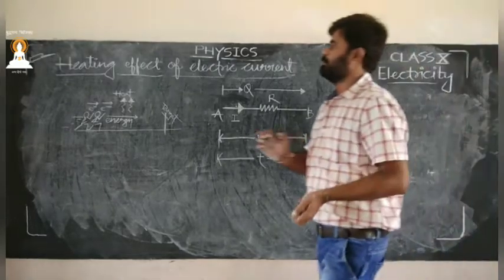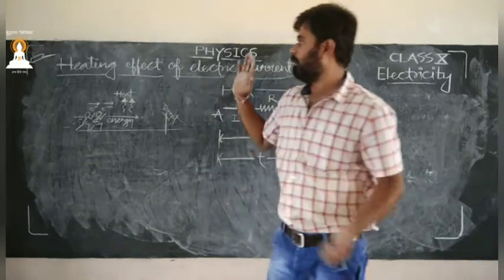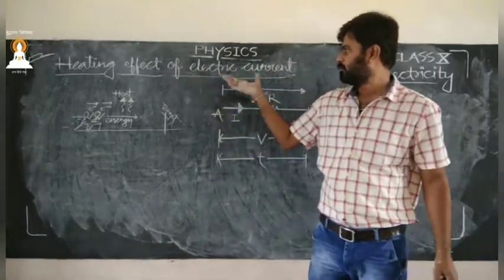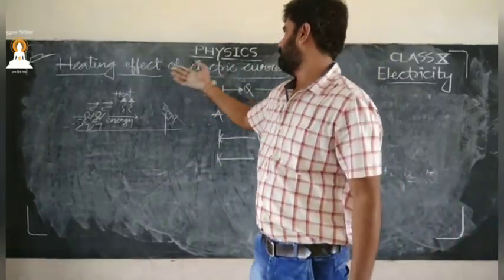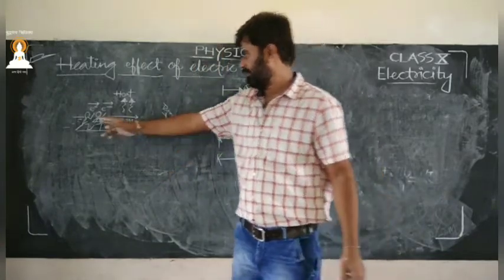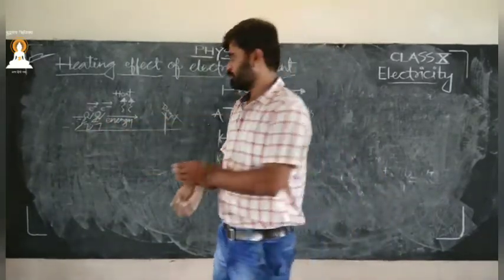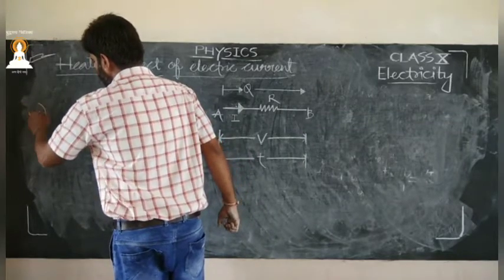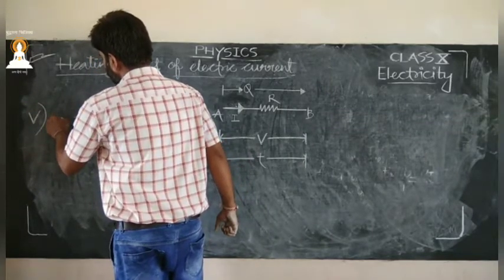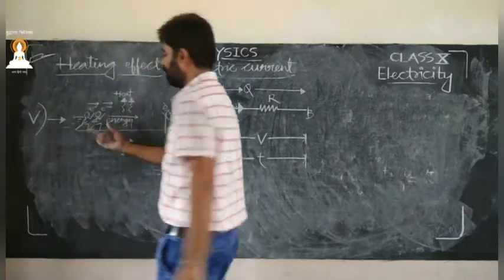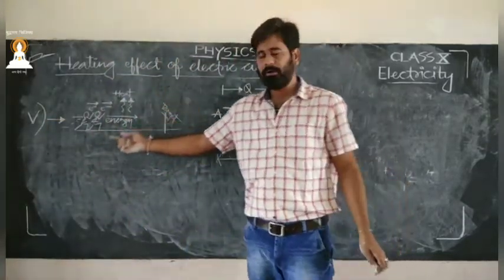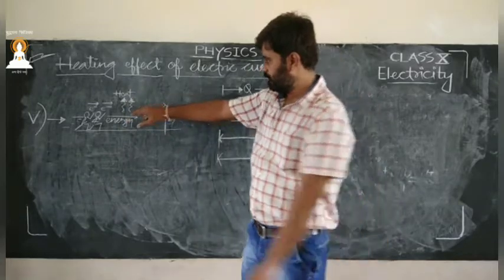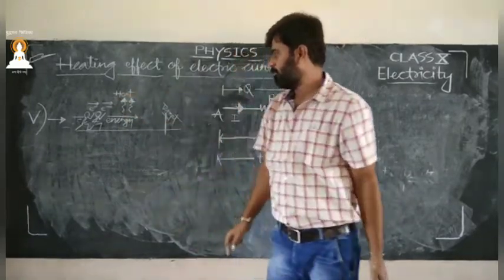Well, the next topic is the heating effect of electric current. So what is heating effect? See, suppose these are the electrons. Just because of a source, that source is V, they are pressurized to move. They are in millions in a battery, if we see a microscopic view of a battery.